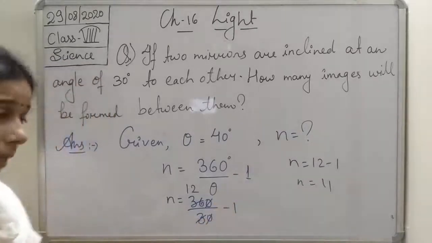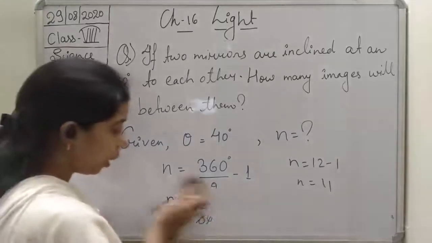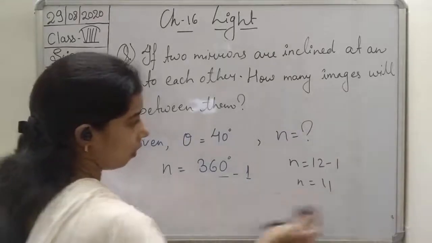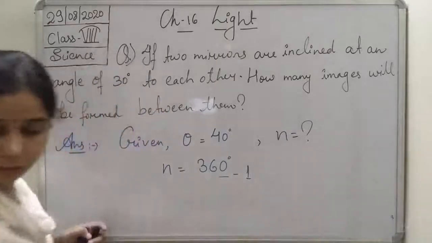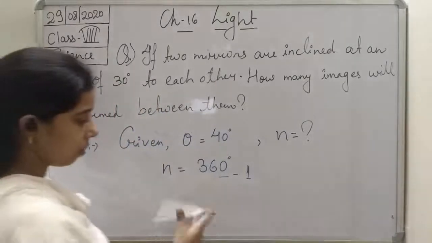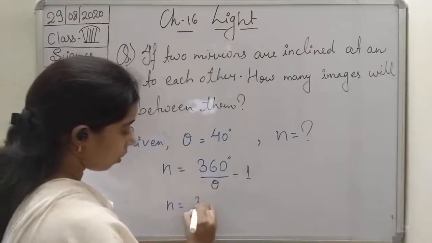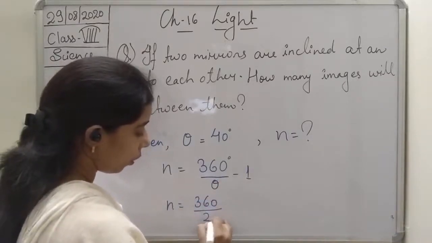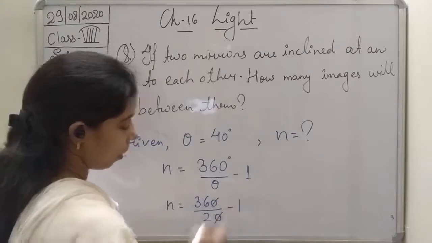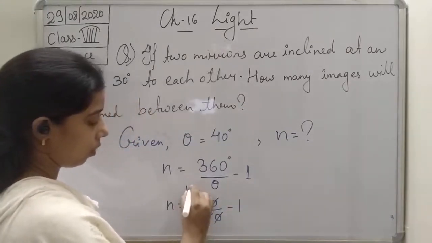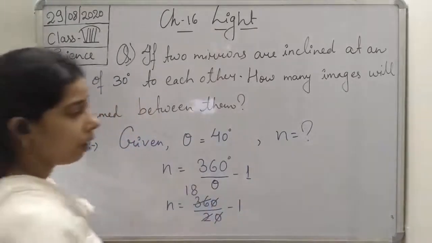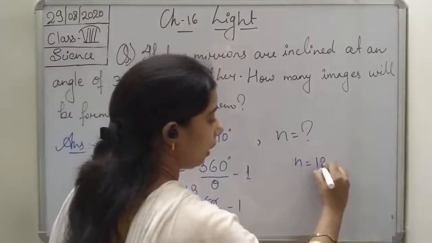Okay, in place of that, suppose you take 20. So n is equal to 360 upon 20 minus 1, that is 18 minus 1.